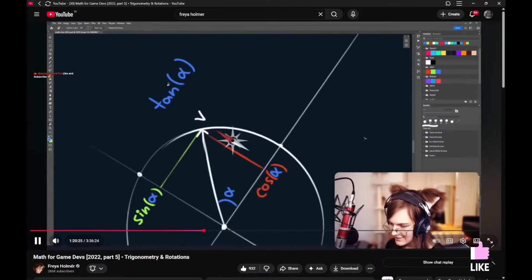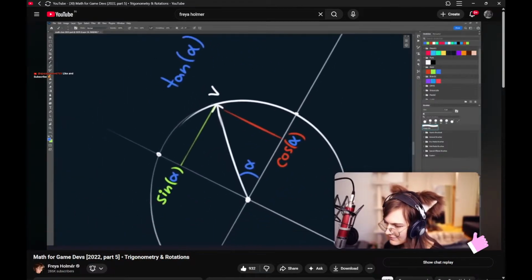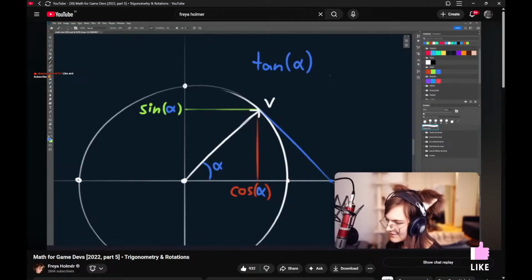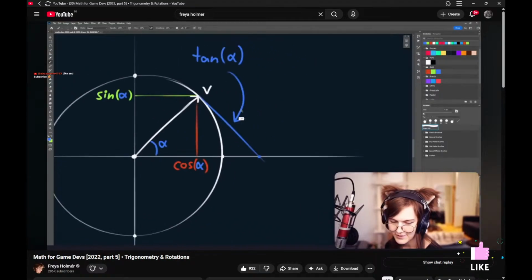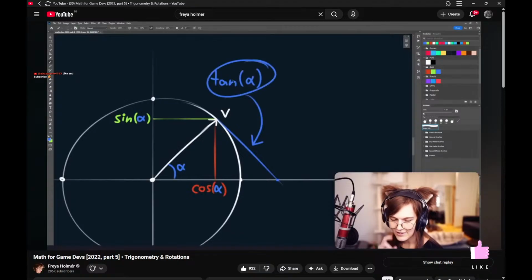Actually, it is the length of the tangent to the circle at that point down to the x-axis. So the length of this one is the tangent of the angle.